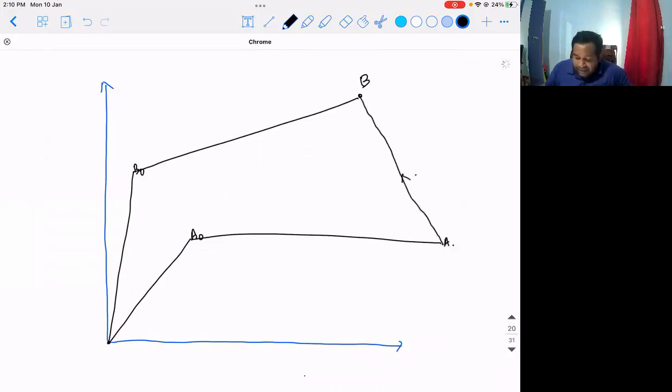So how will we find this vector AB? This is the position vector of A after t seconds, and this is the position vector of B after t seconds.